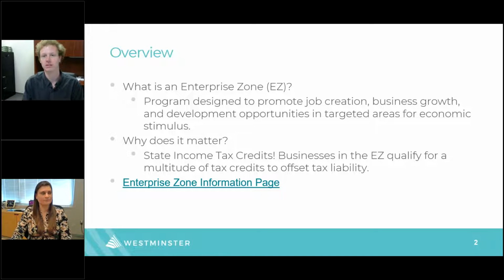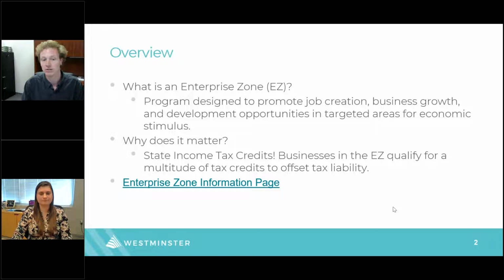The enterprise zone is a state tax credit program that focuses on distressed communities around the state of Colorado, and it uses census data and population tracks to focus on areas where the local economies can be improved. So this program is designed to promote job creations, business growth, and development opportunities.